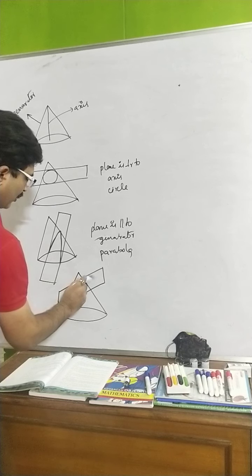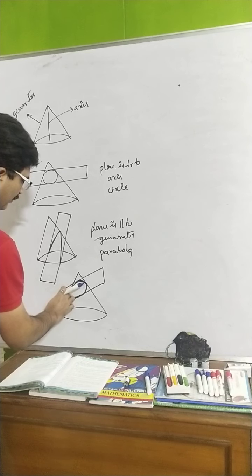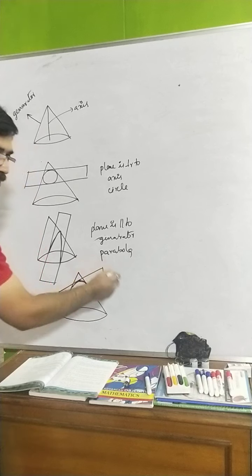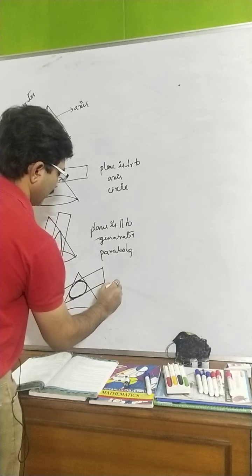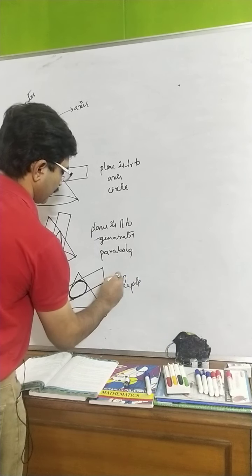Okay, it looks like almost, right. Here it makes some angle with the x-axis. This is what? Ellipse. Okay, this is ellipse you are getting. The shape whatever we are going to get over here looks what? Ellipse.